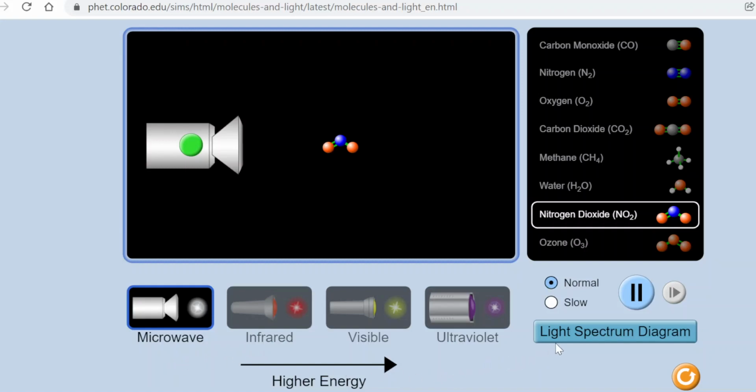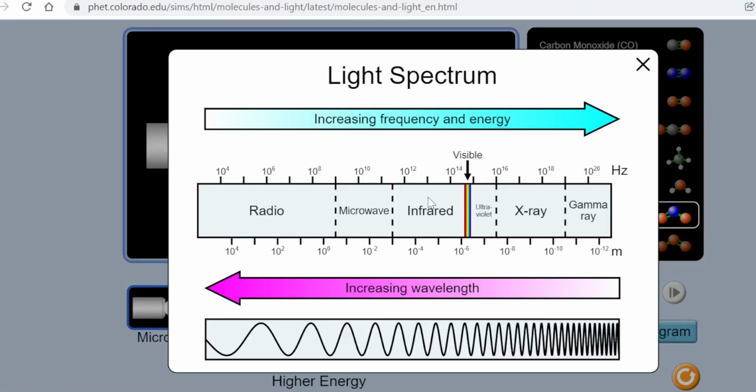So let's go through the light spectrum diagram. Here you can find different electromagnetic radiations having different energy as well as frequency and wavelength. The wavelength is inversely proportional to the frequency as well as energy, whereas frequency and energy are directly proportional. It means that when wavelength increases, frequency decreases, and energy decreases.